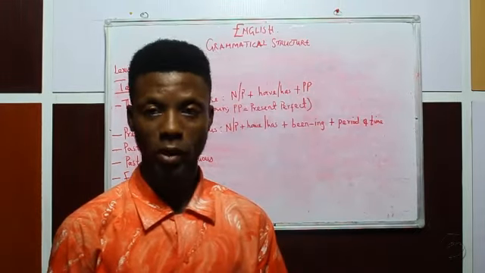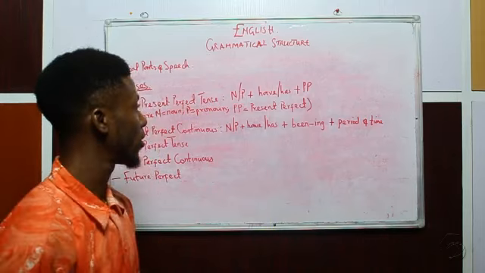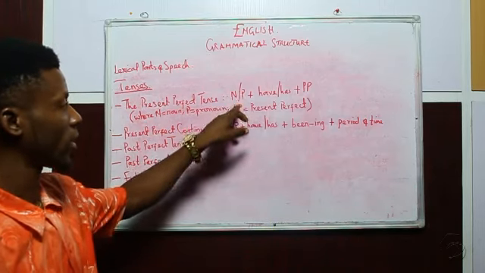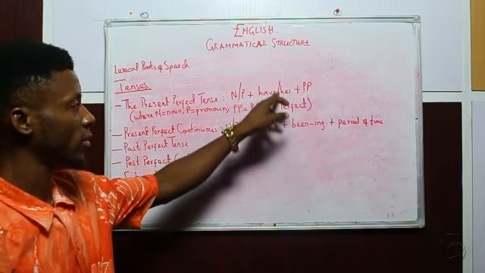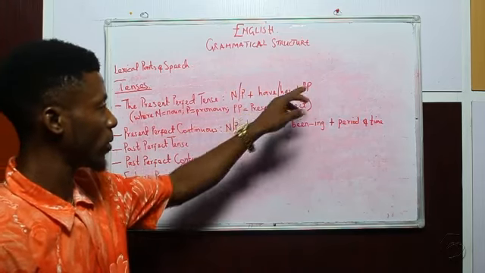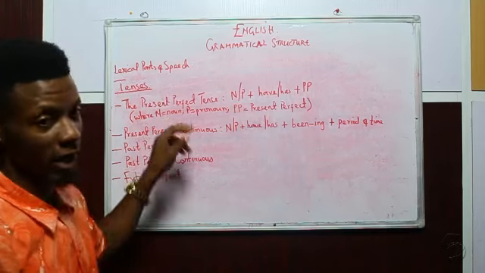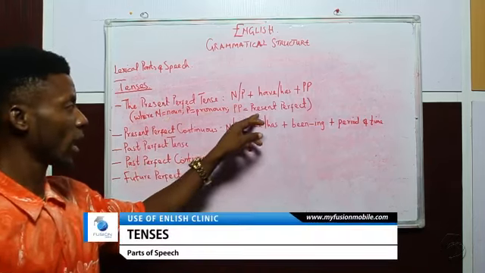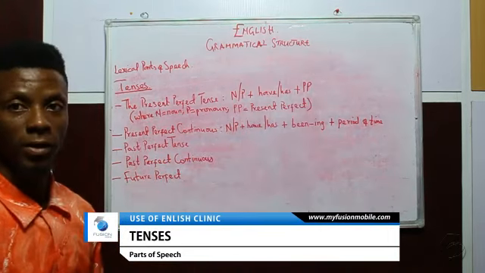On the board, we have a formula written in this form: n/p plus av/as and plus pp, where n stands for noun, p stands for pronoun, pp stands for present perfect.